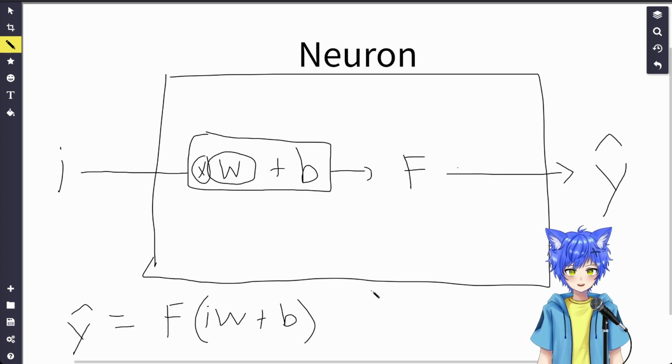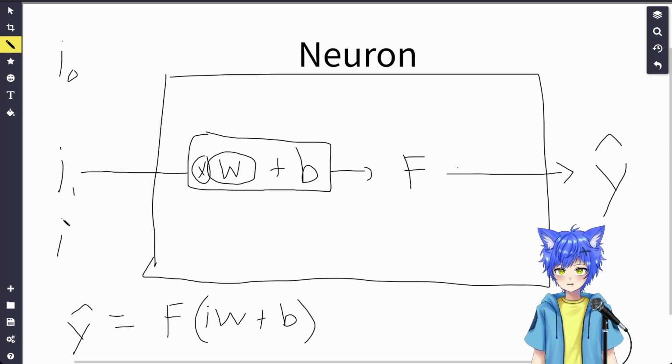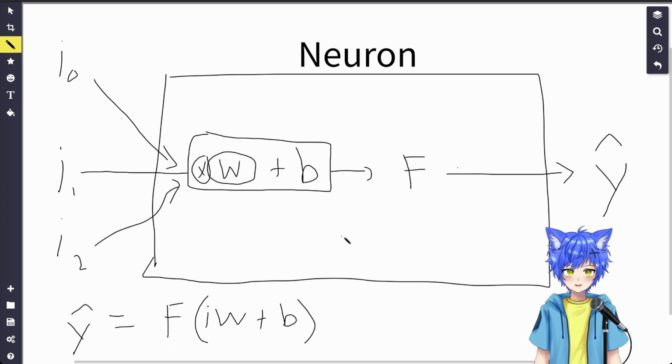In reality though, each neuron will actually receive multiple inputs. So we can think of it as I0, I1, I2 all feeding into this. Now what would this look like? I mean, in reality, there will probably be more than 3 inputs, but let's say that there are only 3 inputs for this.